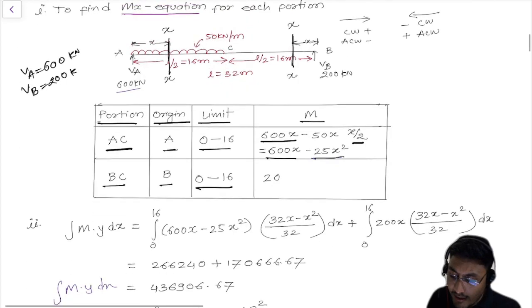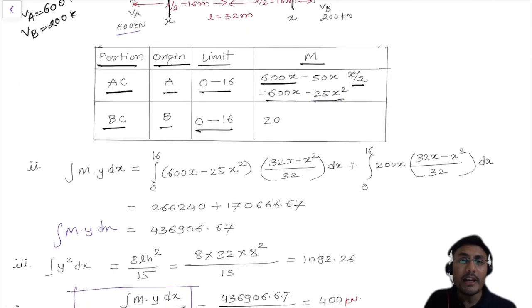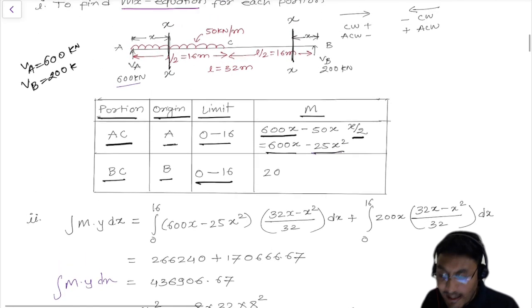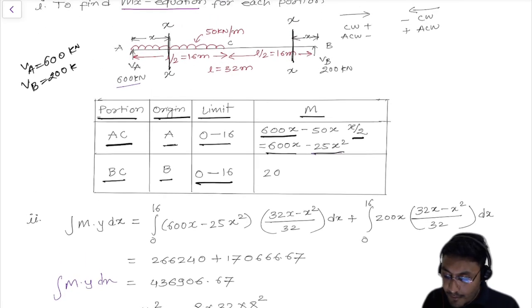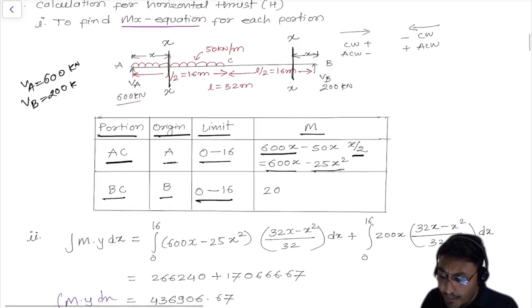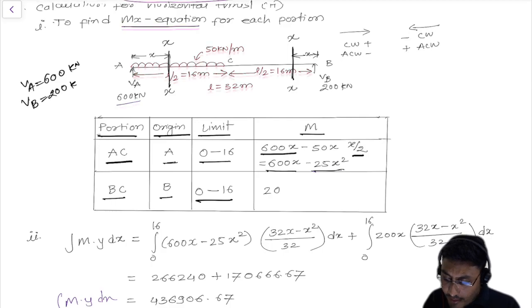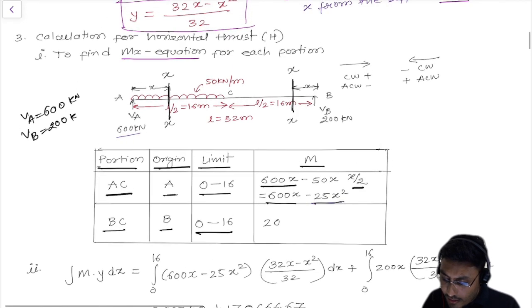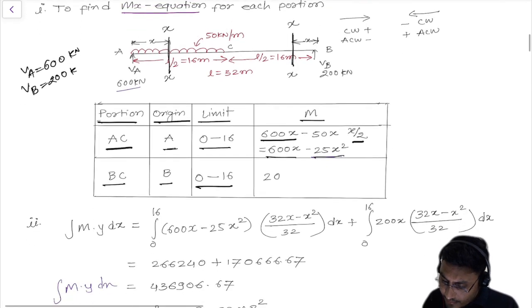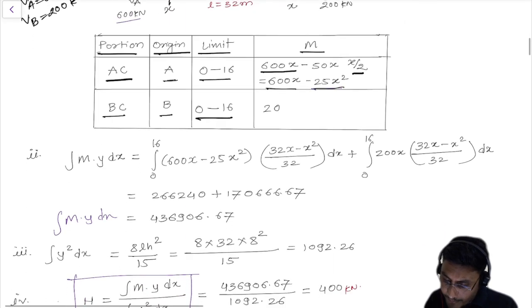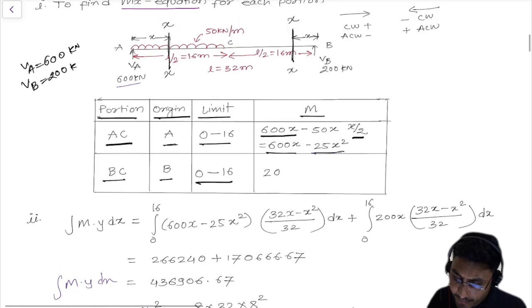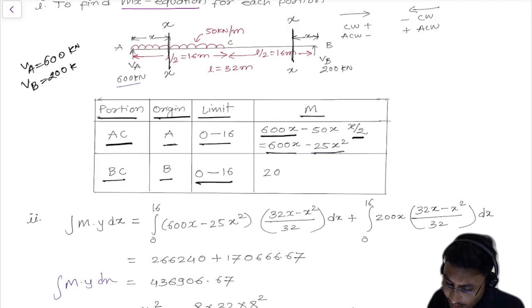Now again let's do the moment equation. Let's calculate the moment equation for BC. To calculate that, we can see that at this point we have the equation 200 into x.